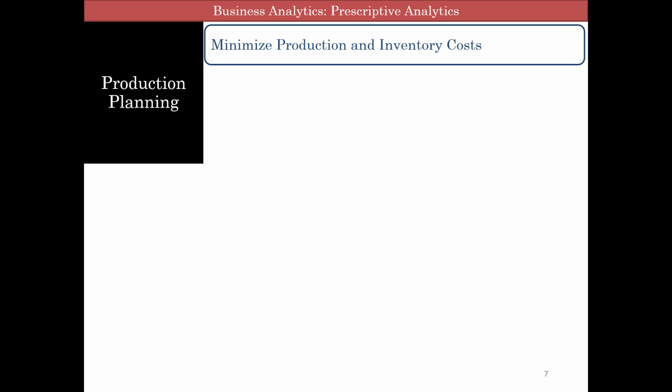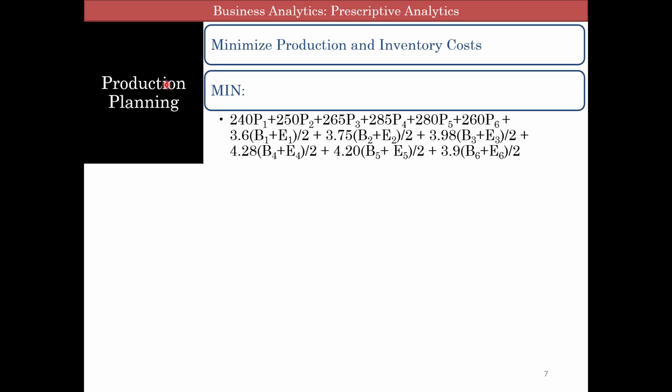So we're going to minimize production and inventory costs, right? Your per unit production costs are given. Your inventory costs are beginning inventory plus ending inventory divided by 2, and then you're multiplying it times your 3.6. And how did we get this 3.6? Let's go back.